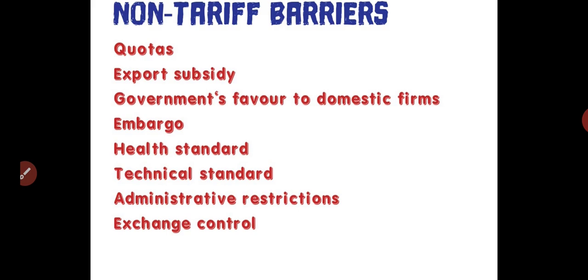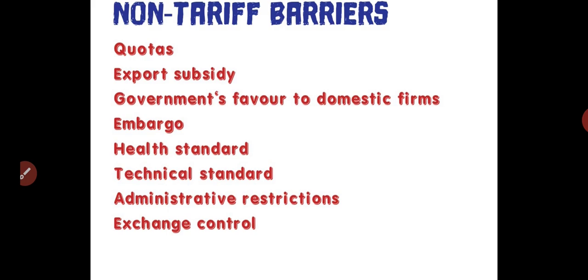For example, in the recent period, when Chinese consignments or ships were put on hold in the Indian ports of Visakhapatnam and Kolkata, this is a kind of embargo. That is a kind of restriction put on the shipments. The ships may not be allowed to enter the nation.